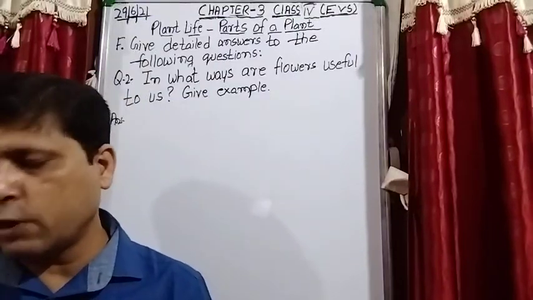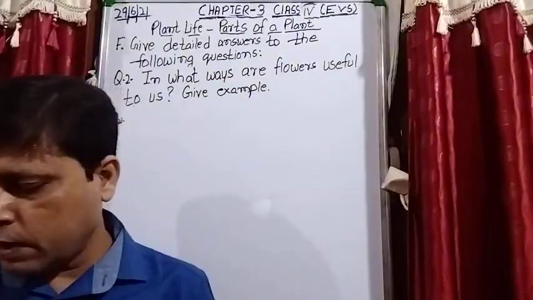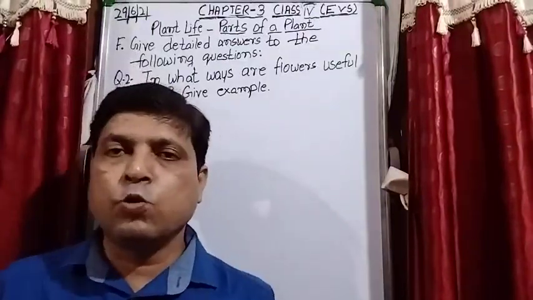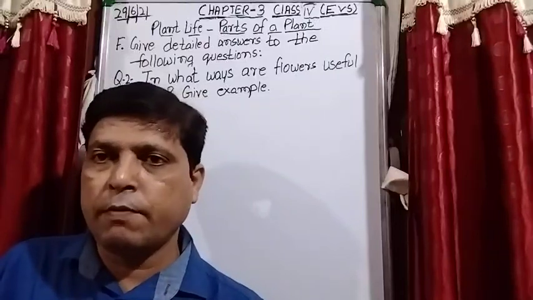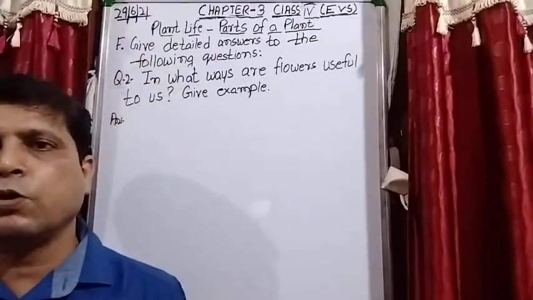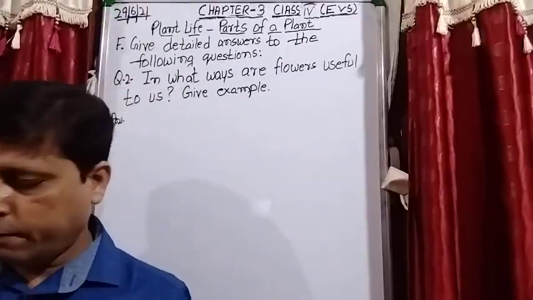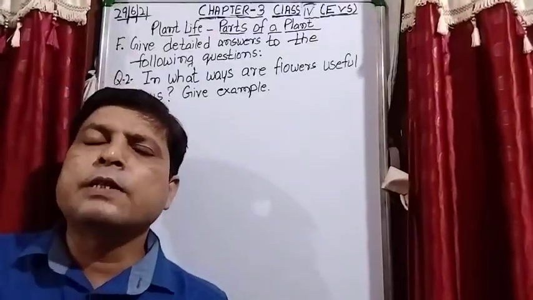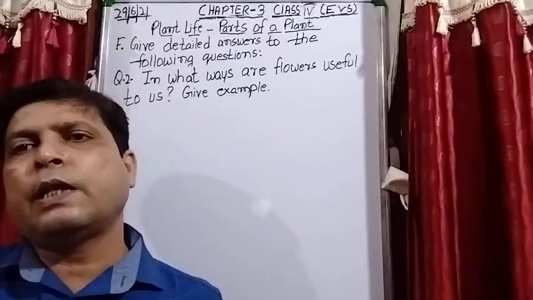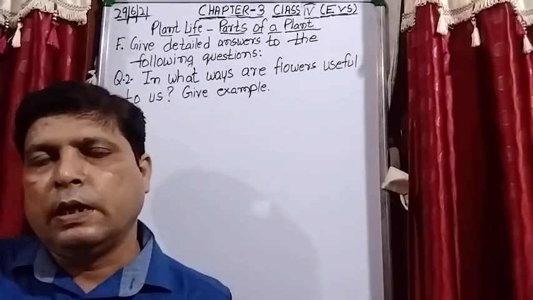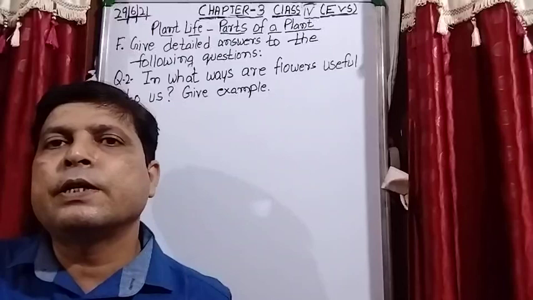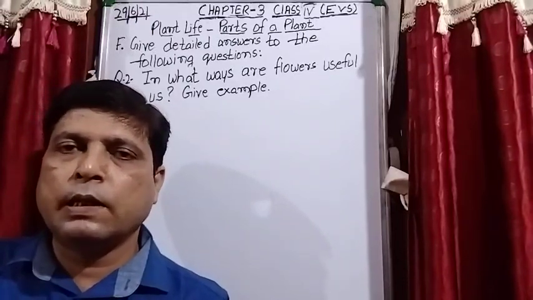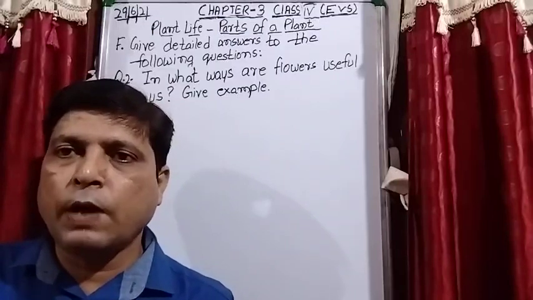Flowers of certain plants are used as a food like cauliflower, banana. A few spices also that we get from the flowers like clove and saffron. And flower is also used for making the perfume. Is it clear? So these are some of the uses of the flower.